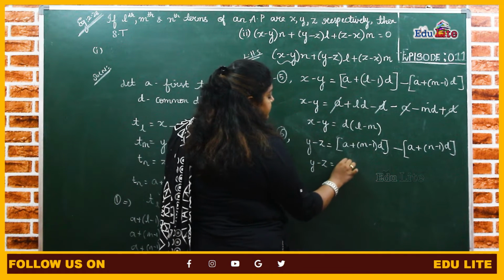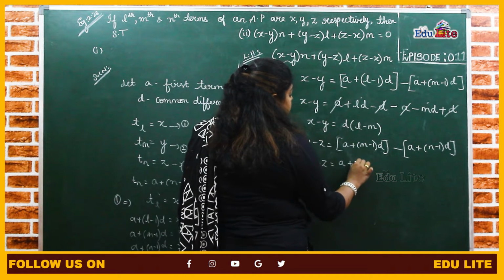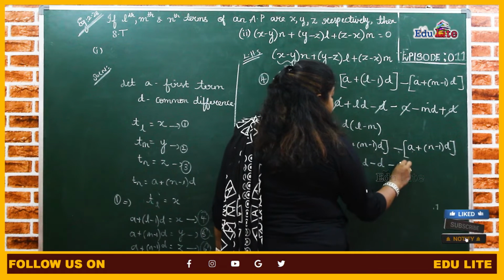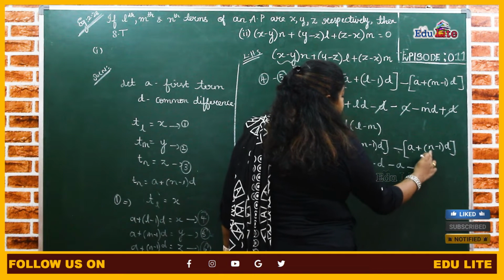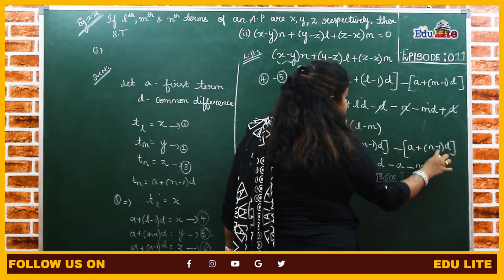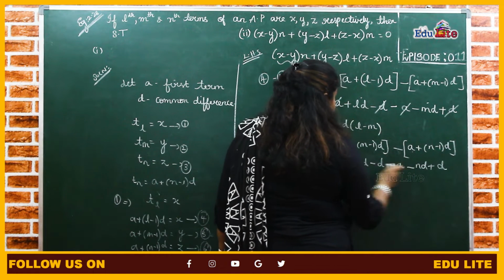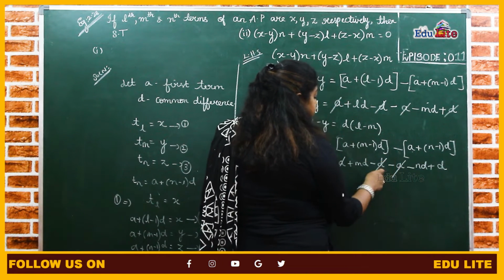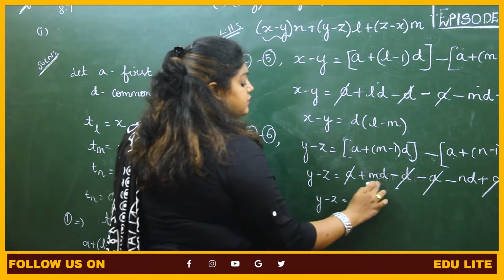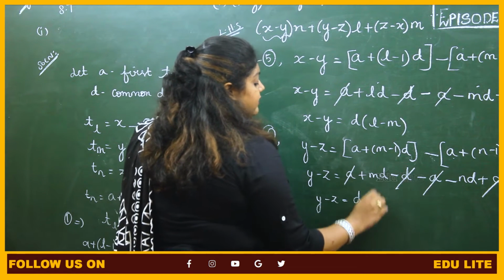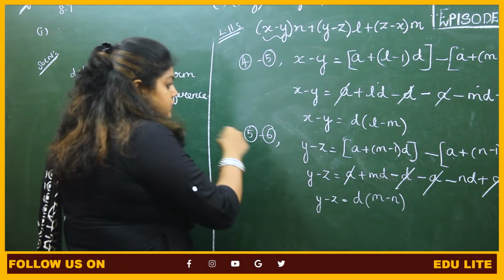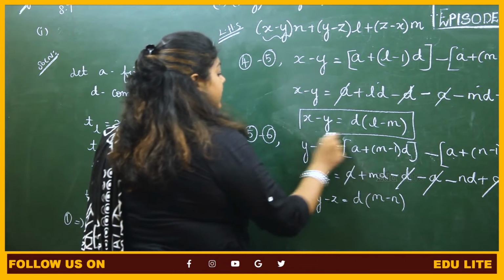Y minus z is equals to a plus md minus d minus a minus nd, minus minus will become plus 1 into d. So plus a minus a and plus d minus d will get cancelled. Y minus z is equals to, we can take d common, the remaining will be m minus n.